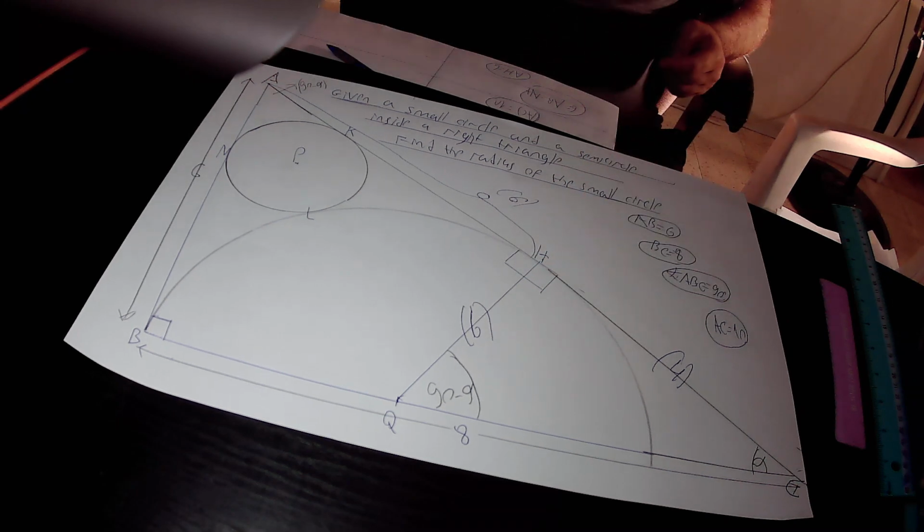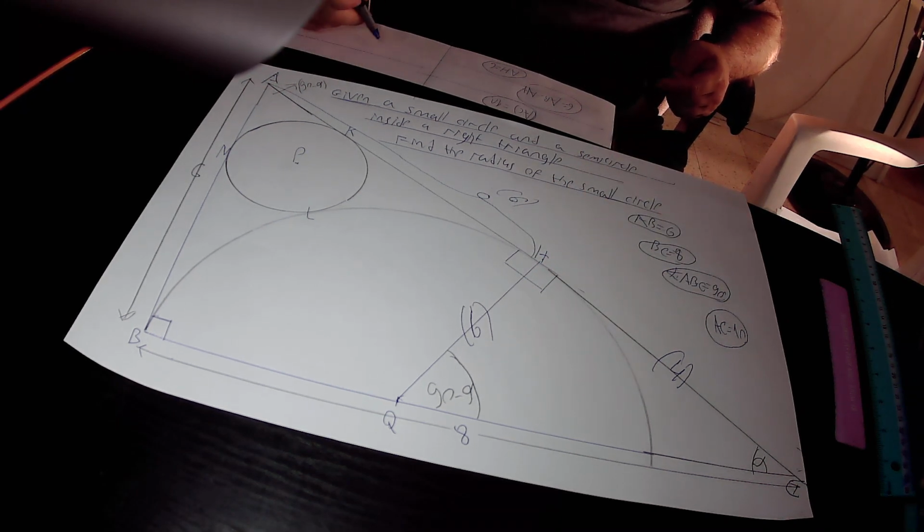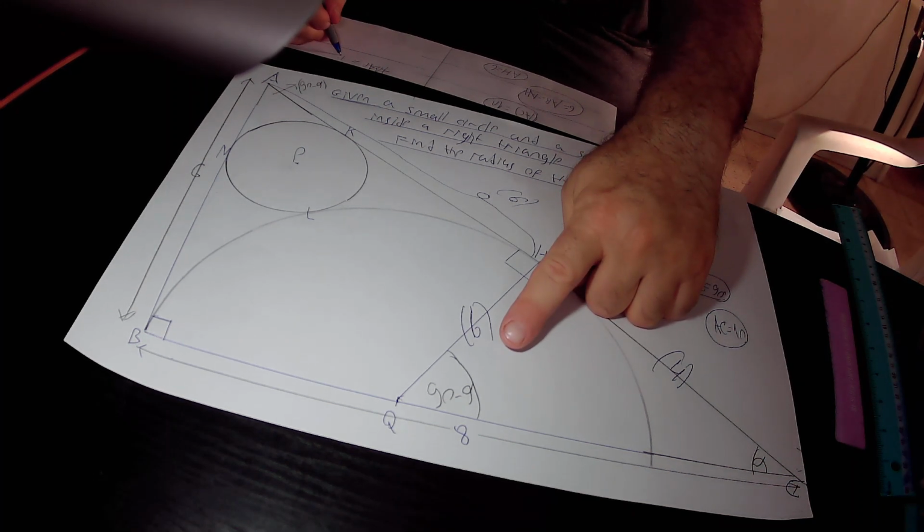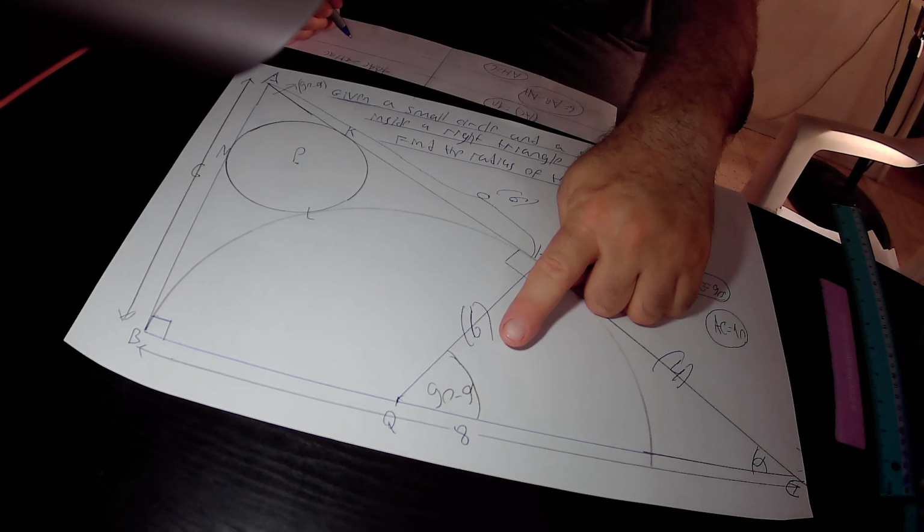So actually, this is angle BAC in the right big triangle ABC, and it is equal to this angle, that is actually angle HQC in the right small triangle HCQ.